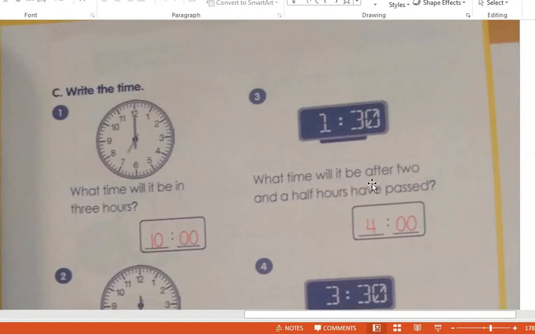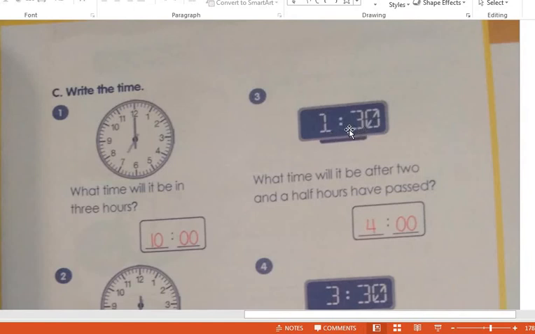What time will it be after 2.5 hours? What time will it be after 2.5 hours have passed? Here, after half an hour, I begin with half. After 30, after half, 1:30.